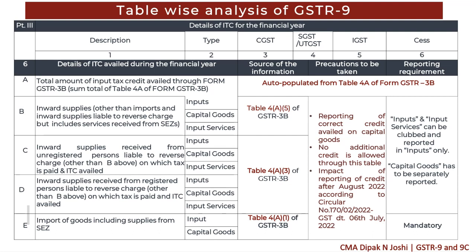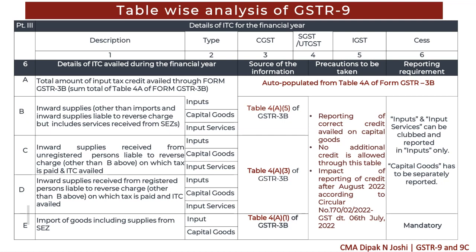So table 6A is the auto-populated ITC from table 4A, and this figure is non-editable. You cannot make any changes in it. And from table 6B, you just need to bifurcate this credit, which is already availed in GSTR 3B. So it is just the bifurcation of credit. You cannot take additional credit.